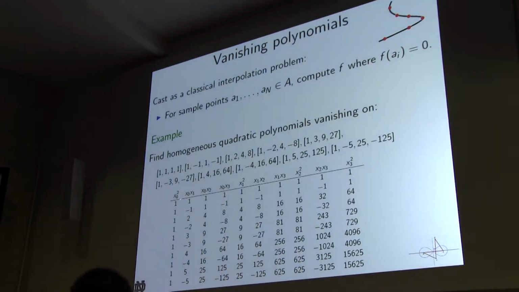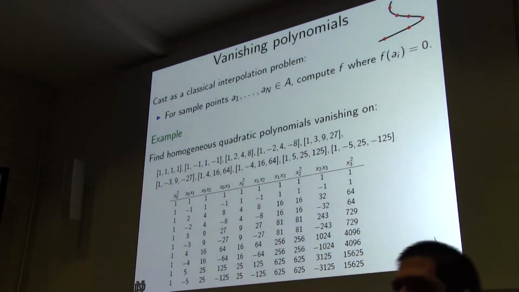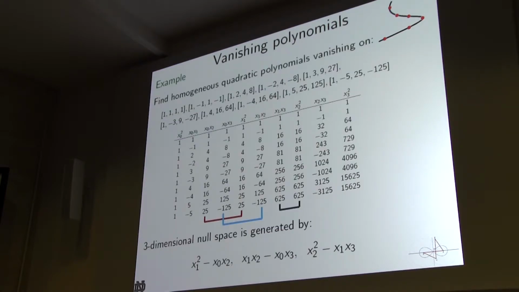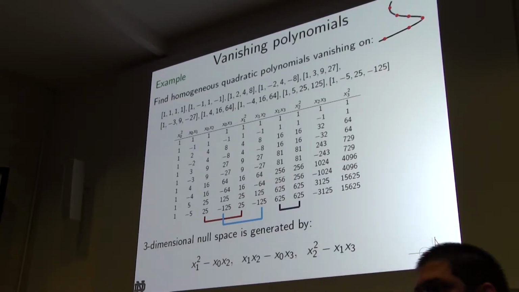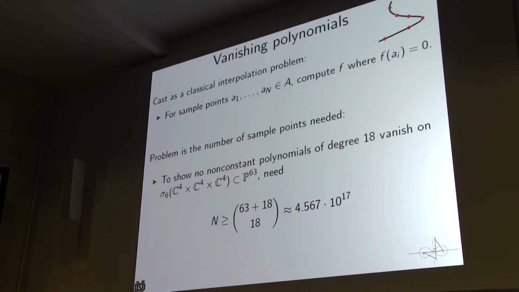So you do the Veronese embedding of degree 2, you get some matrix, and all you have to do is compute its null space. Well, this one's very nice because it's binomial, so this column is equal to that column, this column is equal to that column, this column is equal to that column. So you can very naturally see the defining equations out of it.